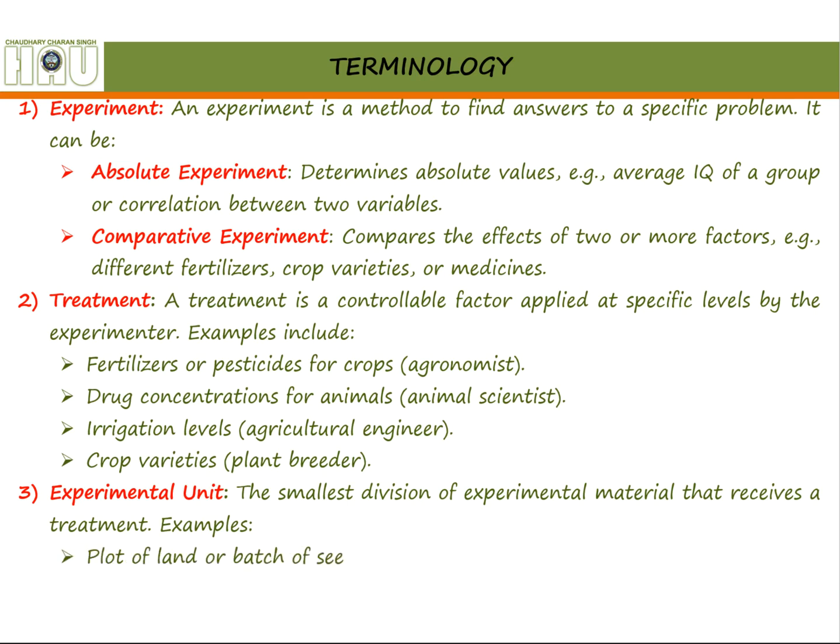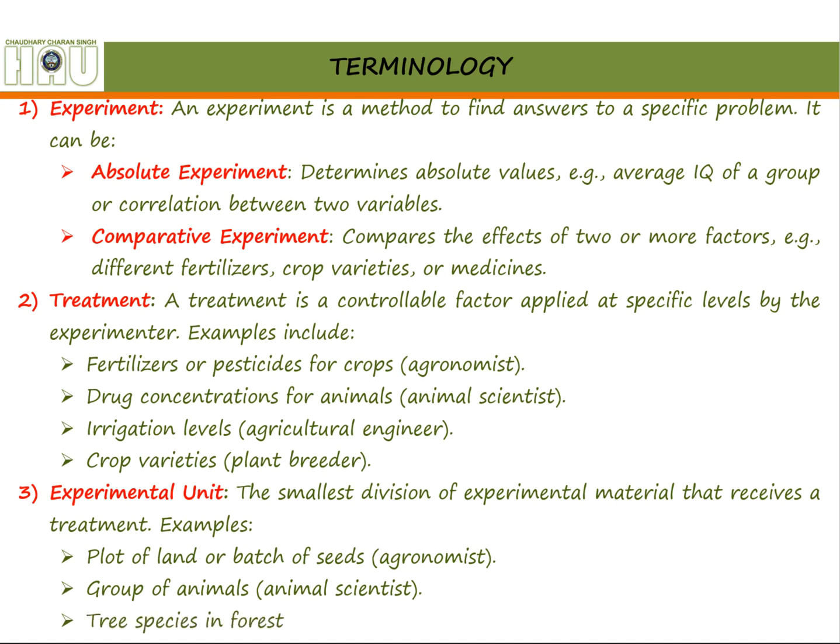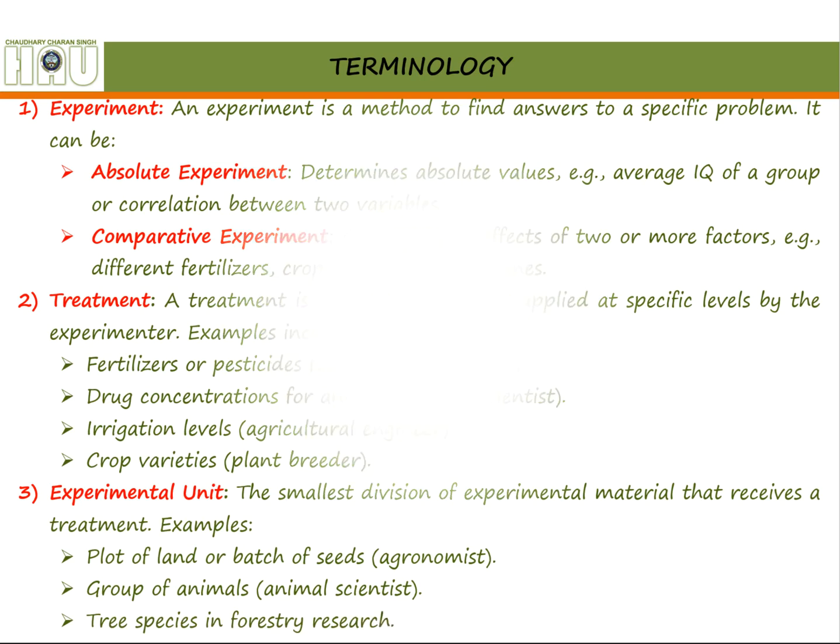So a plot of land or batch of seeds, agronomists consider these as experimental units. A group of animals, animal scientists can consider as an experimental unit. A tree in forestry research may be considered as an experimental unit.